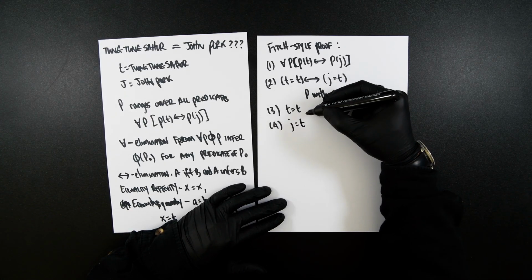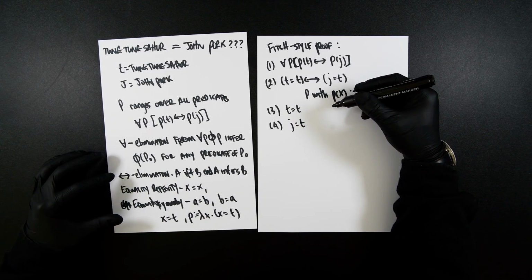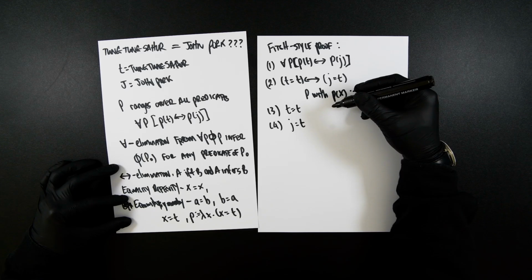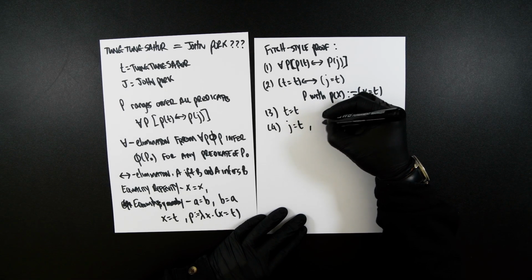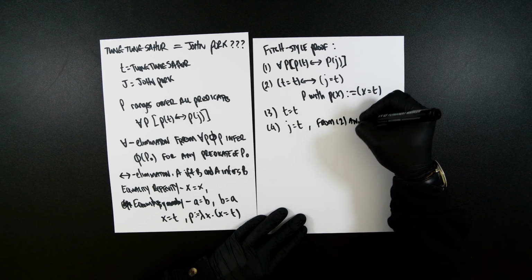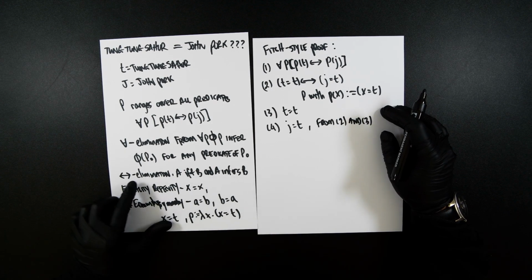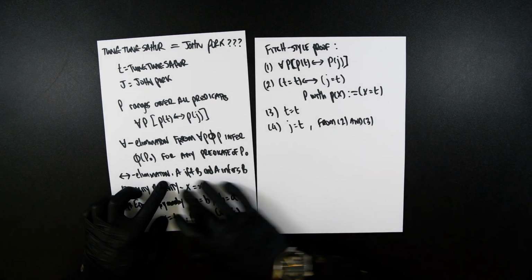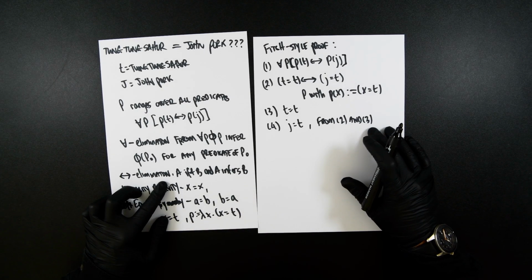Now this is where the leap happens. From 2 and 3, by the if and only if elimination. So we can only get this from 2 and 3. So the biconditional elimination, A if and only if B, and A infers B. So we've now put that in here.